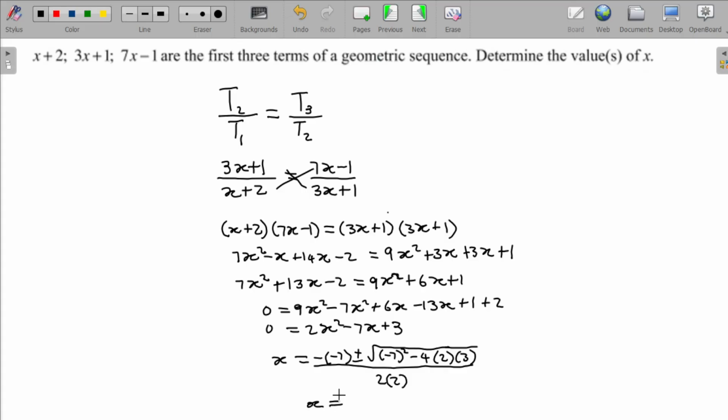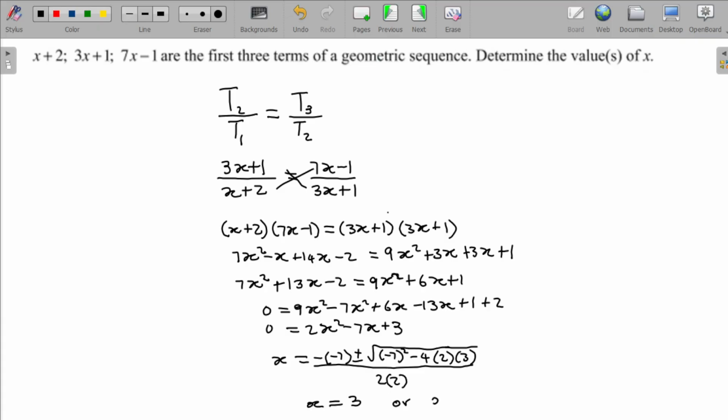Minus into minus 7 plus the square root of negative 7 squared minus 4 times 2 times 3, all over 2 times 2, and then I'll get my x as 3.